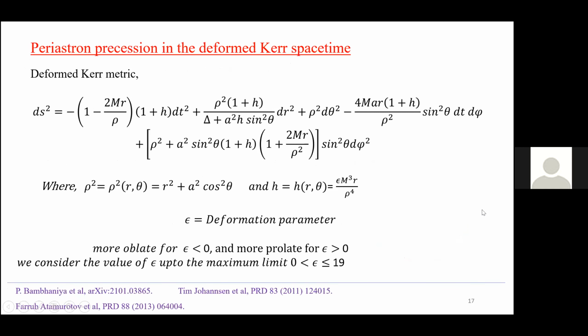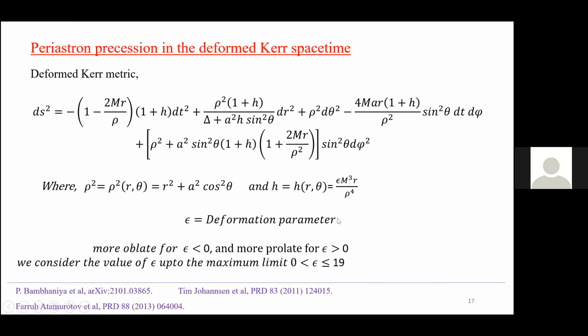Now, if we introduce some parametric deformation due to the electromagnetic radiation by accreting matter around the rotating black hole, then it gives the deformed Kerr metric, written here by this metric, where rho squared and the deformation are given by these two equations, where epsilon is the deformation parameter.